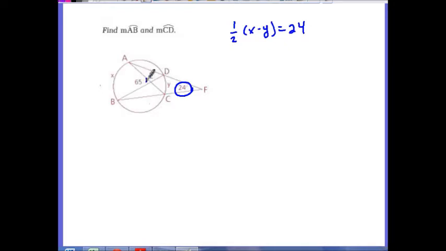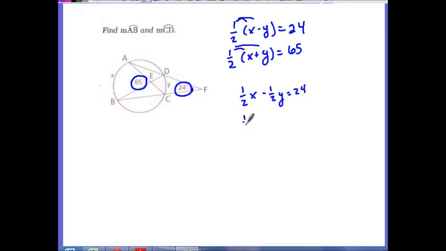And then I looked at this 65-degree angle, and that's an inside angle. 1/2 the sum of my arcs is going to be equal to my inside angle. Now, let's distribute that 1/2 to both of them, so we've got a system. 1/2 x minus 1/2 y equals 24, and 1/2 x plus 1/2 y equals 65.